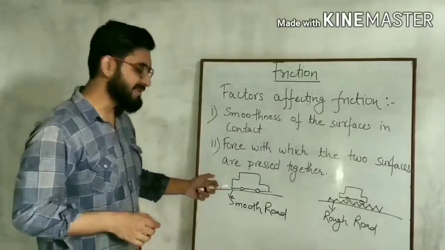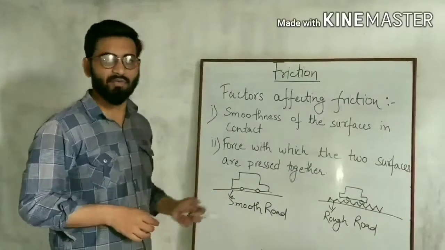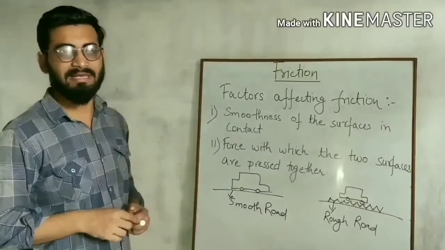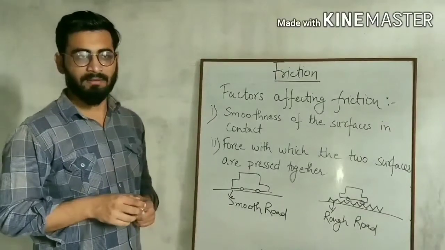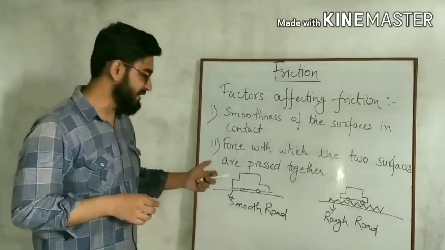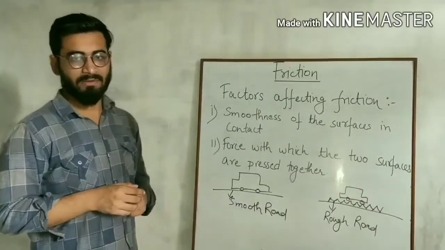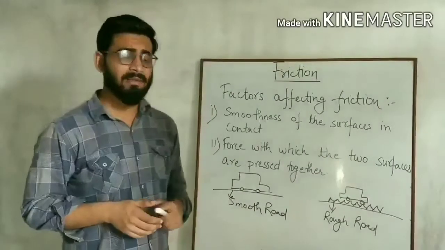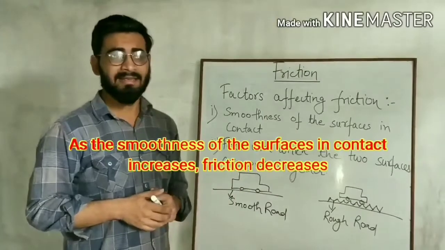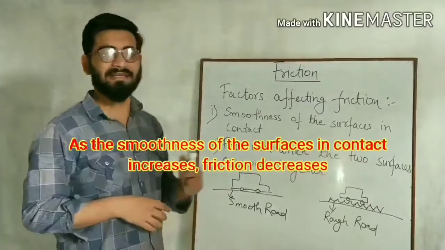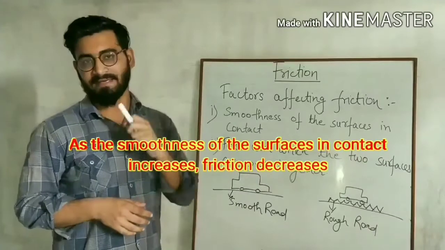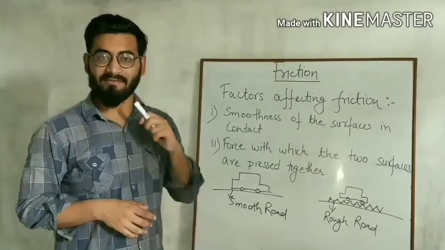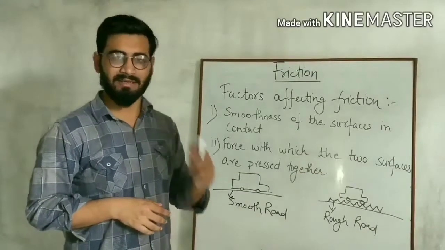But in the first case, when the road is smooth, you do not need to apply much force, because the friction is less here. So from this example, we can clearly say that as the smoothness increases, the friction decreases, and when the roughness increases, the friction increases.